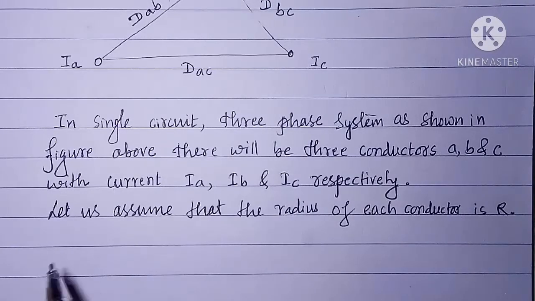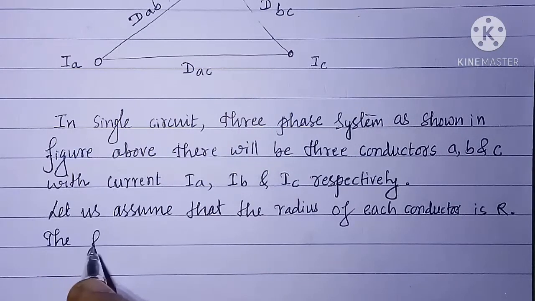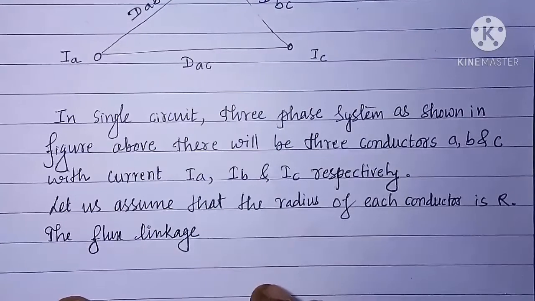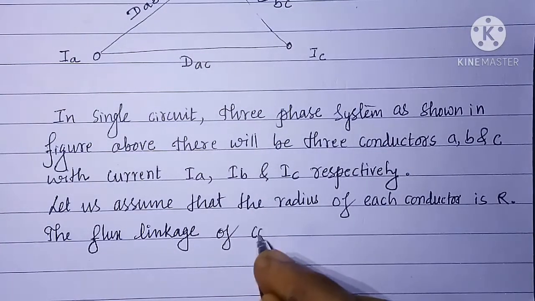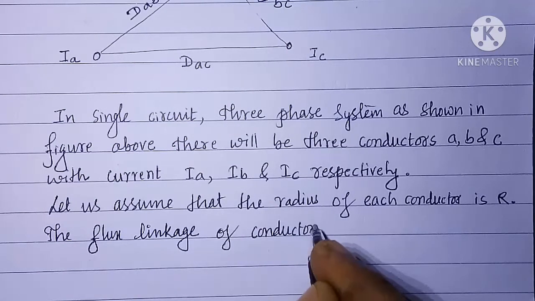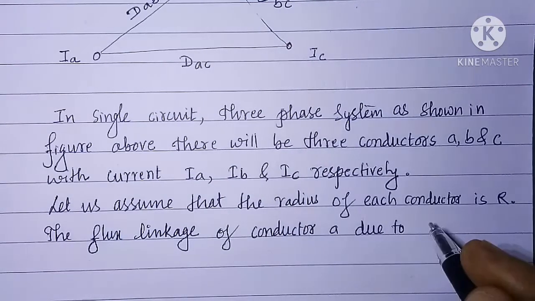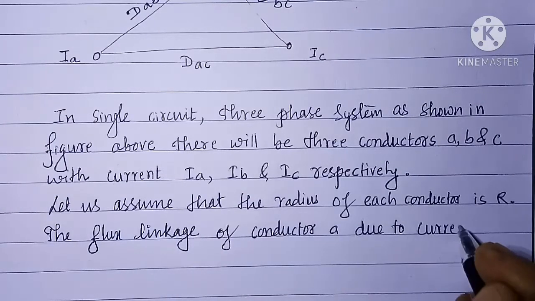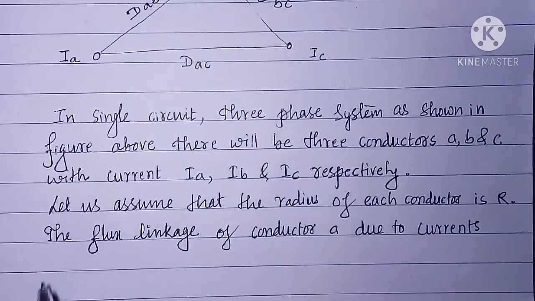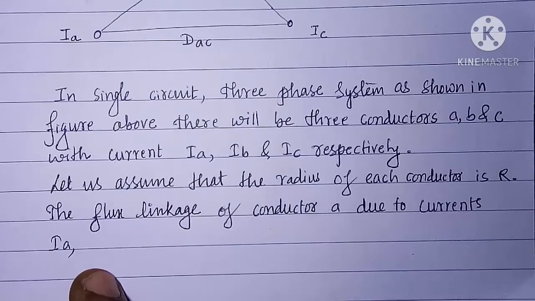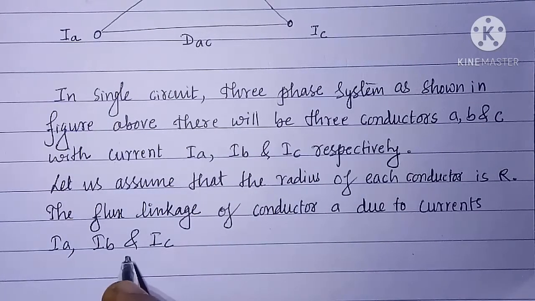The flux linkage of conductor A due to currents IA, that means self flux linkage, IB and IC means mutual flux linkage.